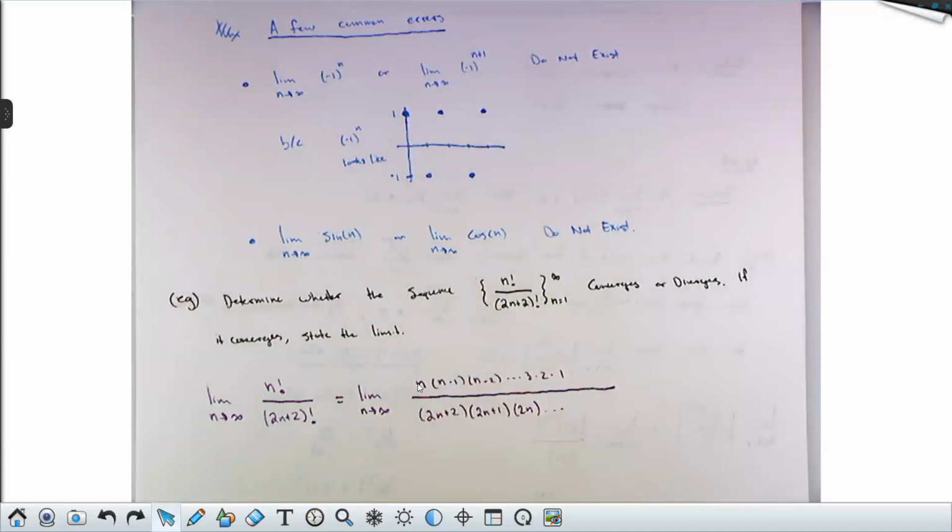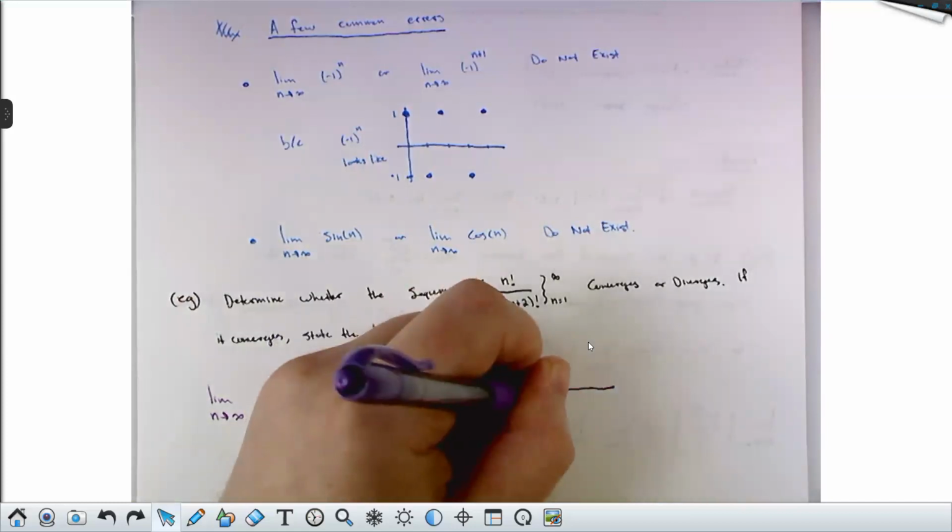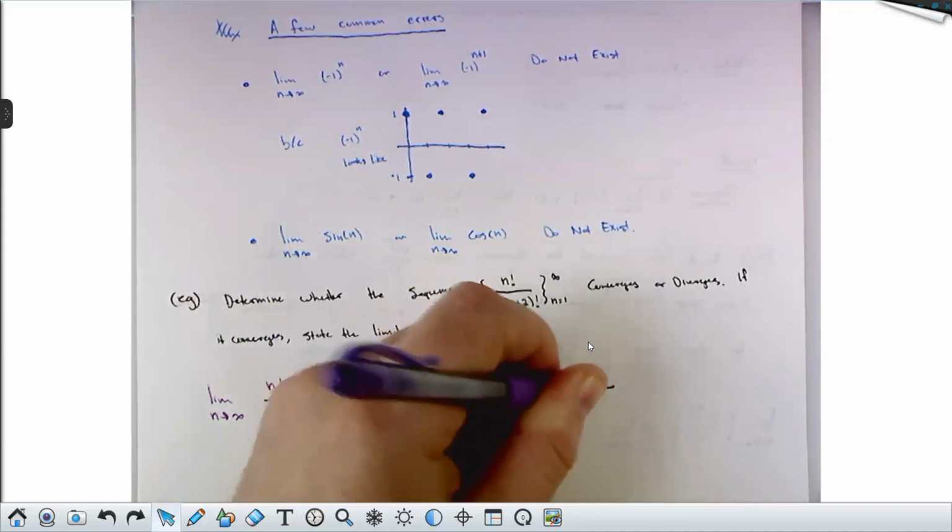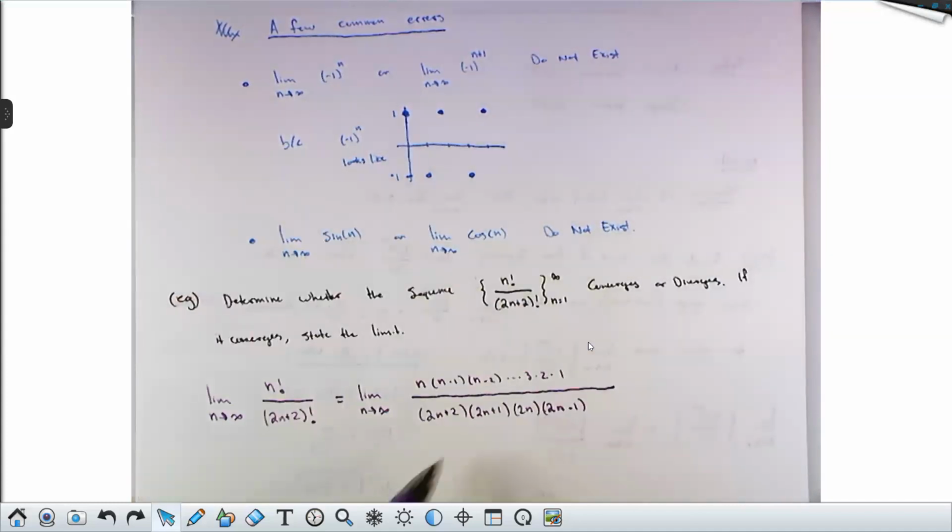But here's a question, who's bigger, n or 2n plus 2? 2n plus 2. Definitely 2n plus 2. So as I run down this list from 2n plus 2 all the way down to 1, in particular, what number is going to show up? Subtract 1, subtract 1, subtract 1.